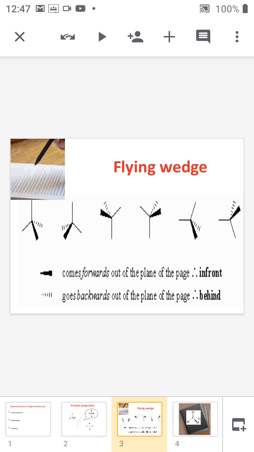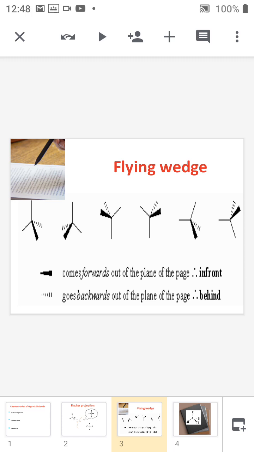Here in this representation we can see that there are three different types of lines. First is a plain line, the second is a solid line, and the third one is a dotted line. The plain line represents the plane of the paper, and the solid line, which I have shown at the bottom of the slide, represents the atom which is coming out of the plane of the paper.